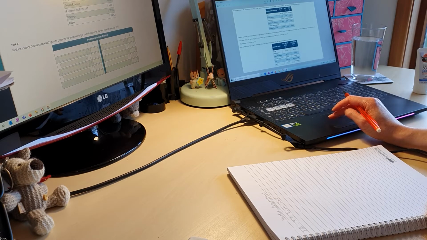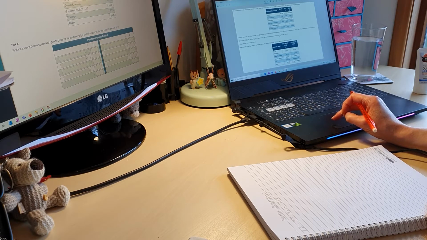Cash sales of, excluding that, were made. All purchases are on credit terms, but I took advantage of early settlement discounts or bundle.